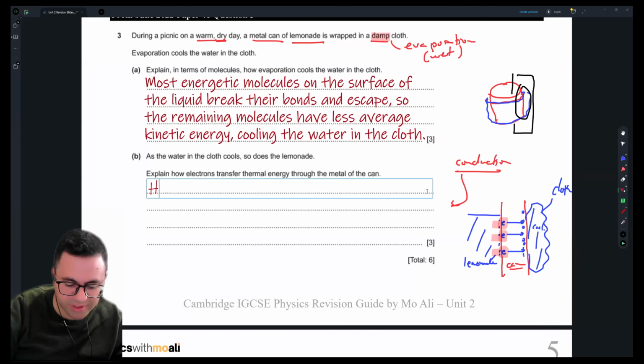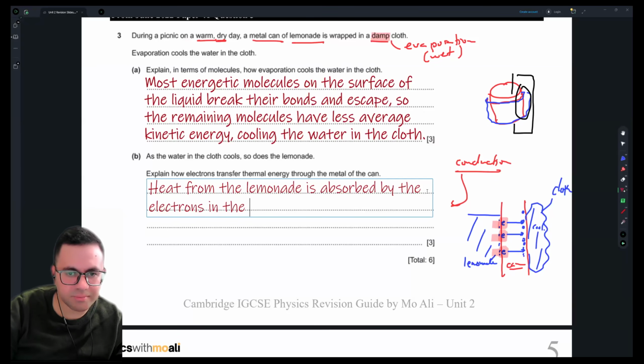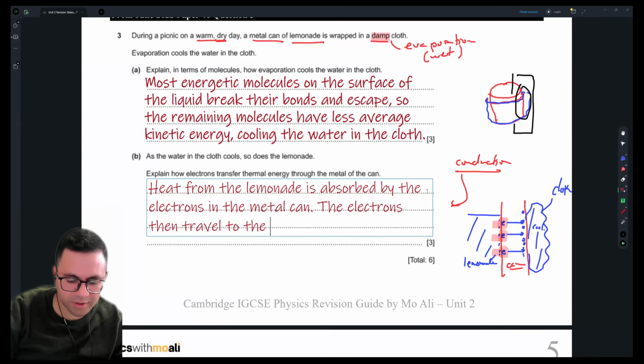So heat from the lemonade is absorbed by the electrons in the metal can. The electrons then travel to the other side of the can.